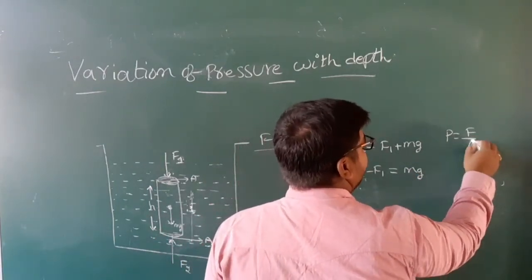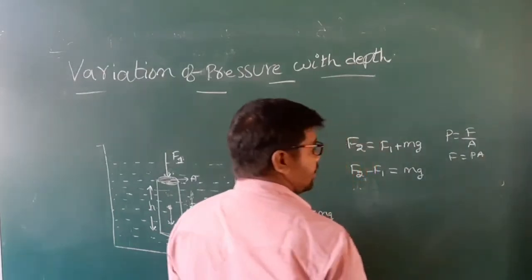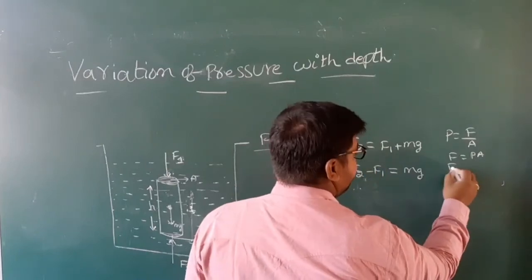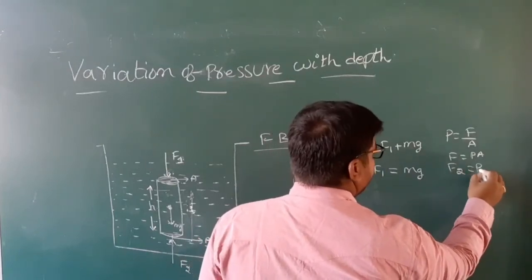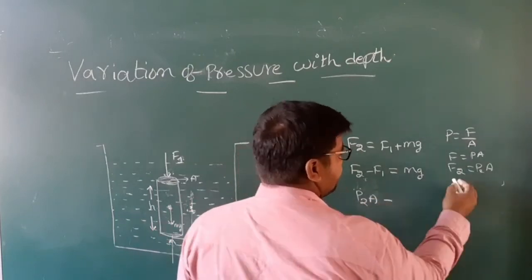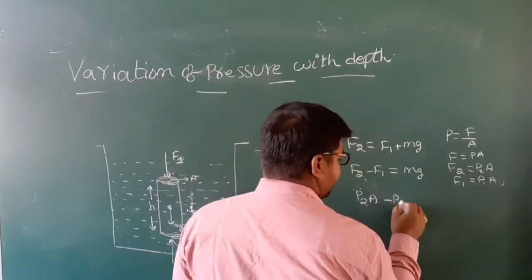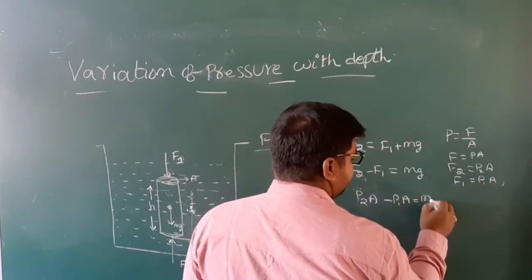Pressure is force per unit area, so force is pressure into area. F2 = P2A, where A is constant, and F1 = P1A. So P2A - P1A = mg.